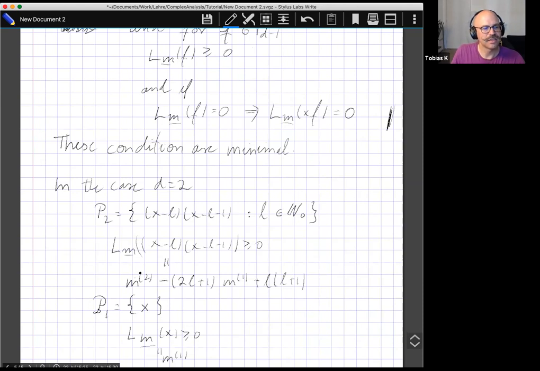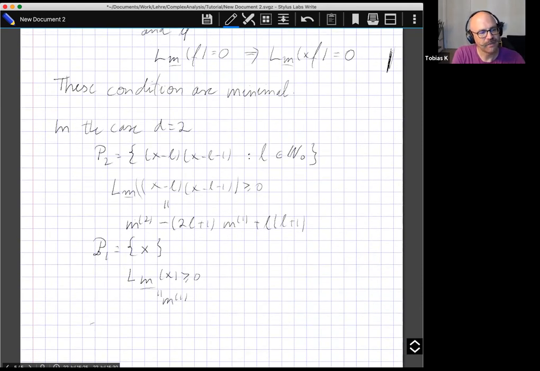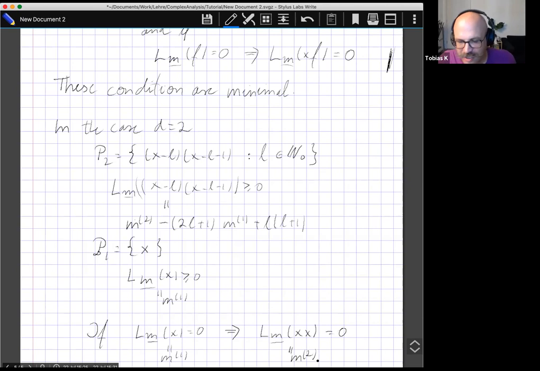And now the extra condition we have is if Lm of x is equal to 0, which is M1 equal to 0, then I have that Lm of x times x is equal to 0, which is just M2. And that was exactly the extra condition which I discovered before. And so the good news is it's the only one.